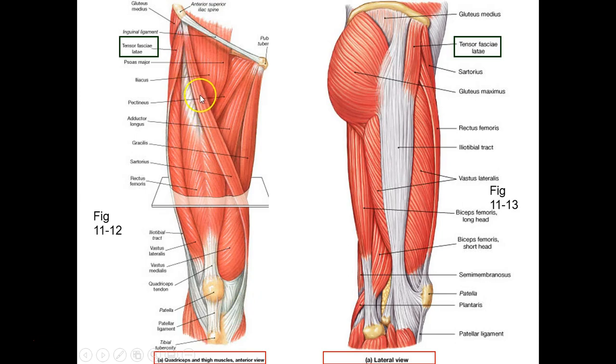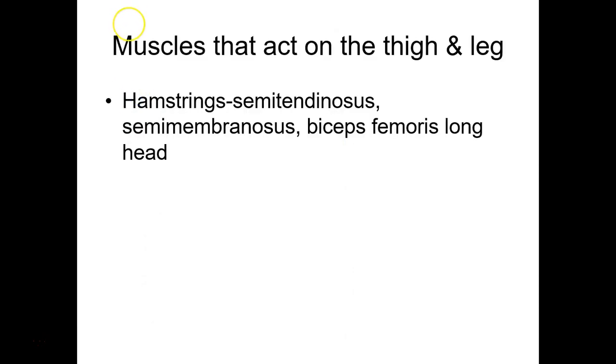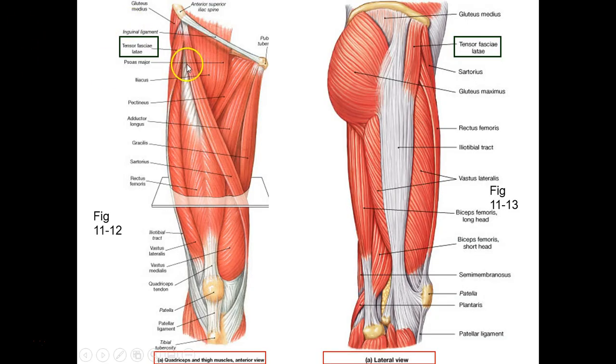I think Sartorius actually means, don't quote me on this, tailor's muscle, like a tailor that sews clothes. Back in the old days, they used to sit on the floor in that lotus position, with their ankles crossed. And so that Sartorius helps put you in that position. Okay, so it's flexing at the knee, and it's kind of flexing at the hip and kind of laterally rotating this out. But anyway, you'll get to all that on your OIAs. Don't stress on that right now.